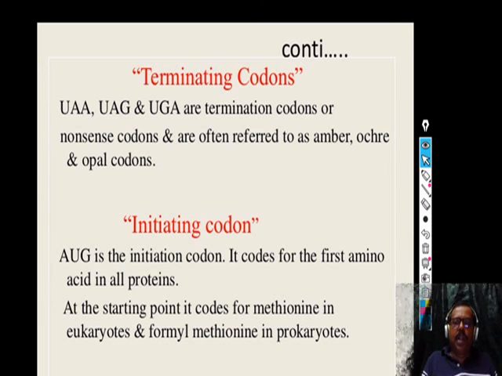The terminating codons UAA, UAG and UGA are also referred to as ochre, amber and opal codons. And the initiating codon is AUG, which codes for the amino acid methionine. In case of prokaryotes, there is a difference. In prokaryotes, the initiating amino acid is formylated, that is formyl methionine, and in eukaryotes it is only methionine. There is no formyl group.